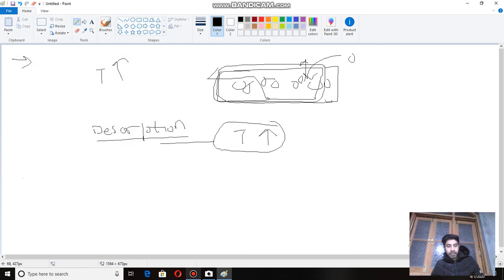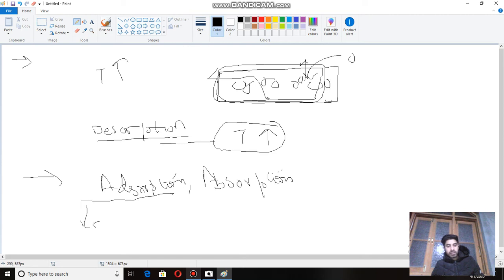So see, now we have seen two processes, adsorption and absorption. What is the difference between these two? Adsorption is a surface phenomenon.